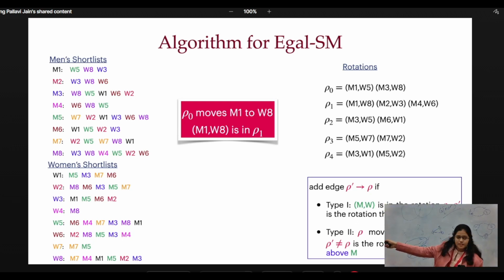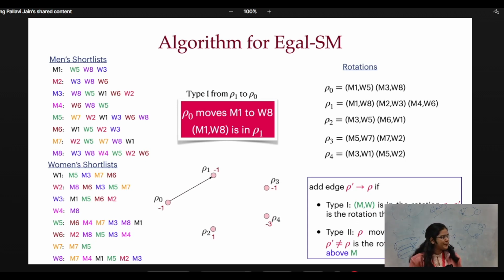Look at your edge description. M1 W8 is part of rho 1, and rho naught moved M1 to W8. So the edge is rho naught to rho 1. This is a type 1 edge.